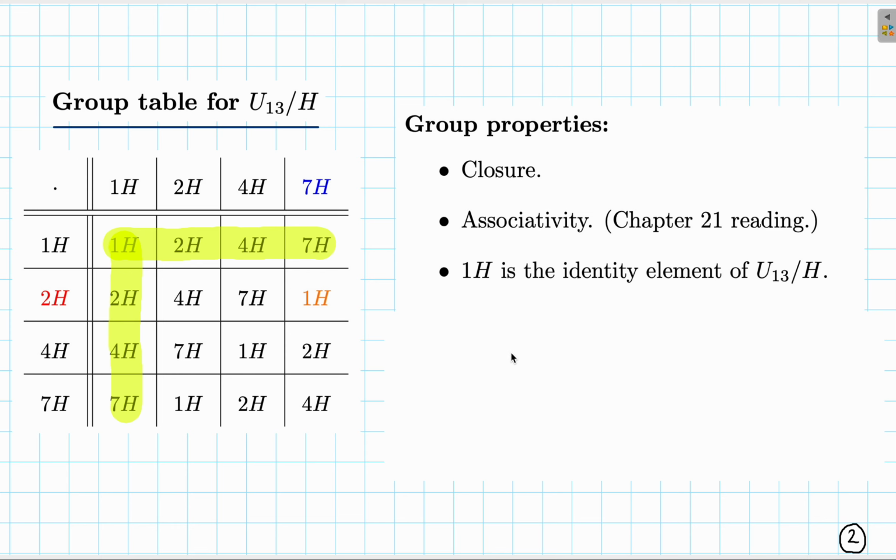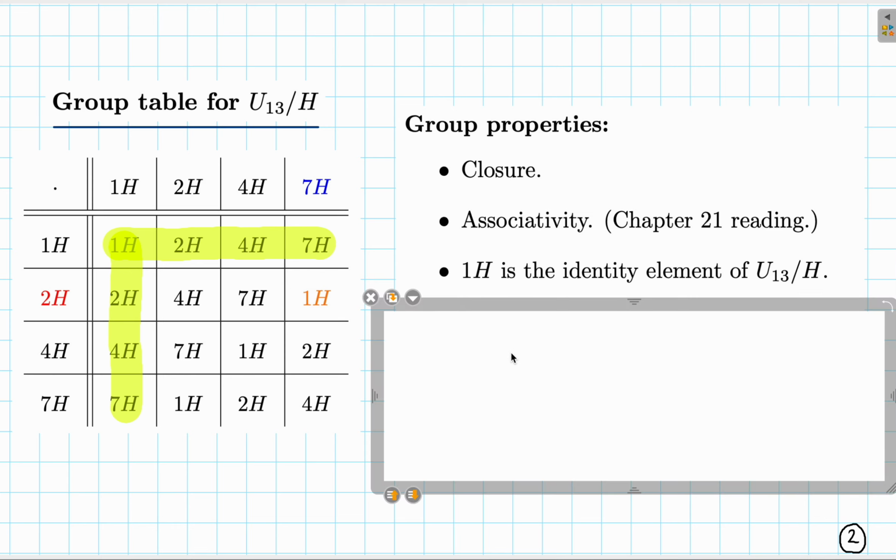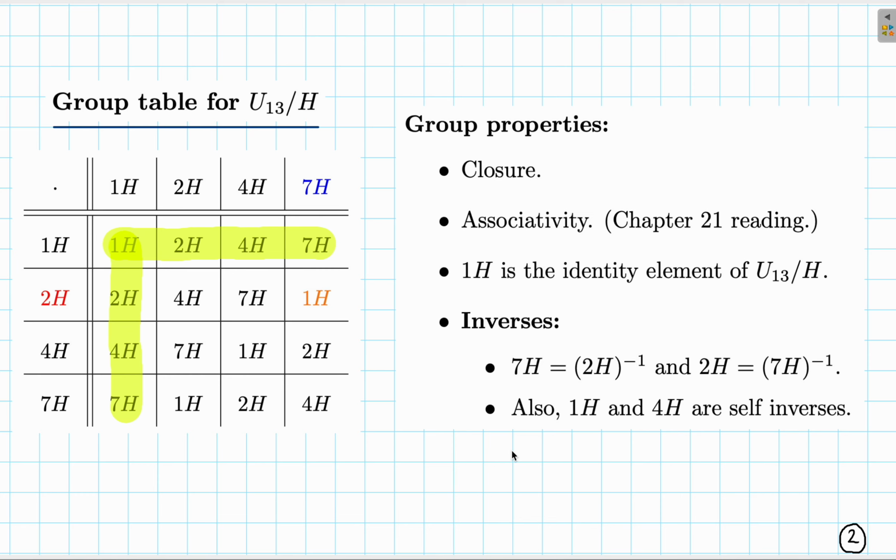And last but not least, inverses. And so in the calculation that we just did, we saw that 2H and 7H multiply together to be 1H. And in fact, if we do 7H times 2H, we also get 1H.